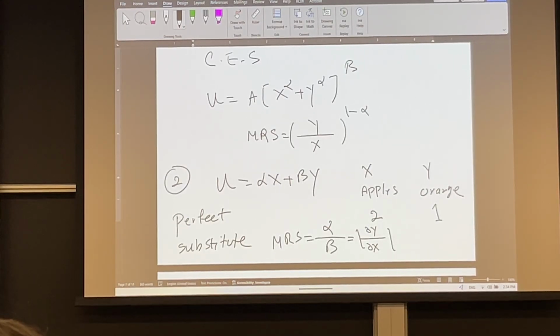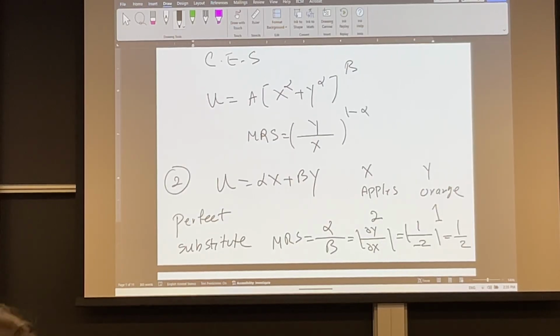2? 1 over 2? 1 over 2 or 2? It's one of these two, right? You give up 2x for 1, that's the absolute value, that's 1 over 2. That's the statement, right? You are willing to give up 2 apples for 1 orange.